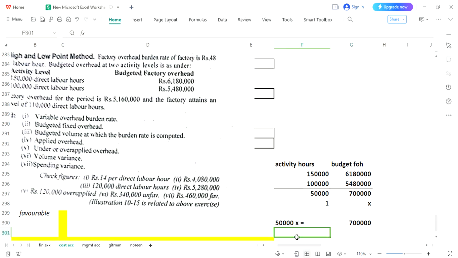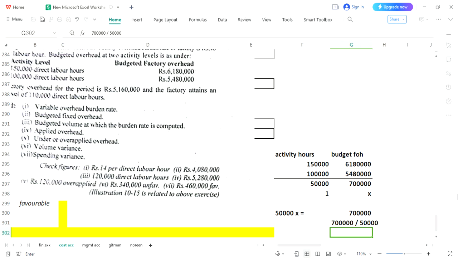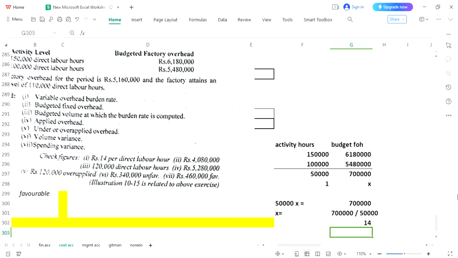Next step, x and 50,000 are multiplied. If you take this 50,000 to the right side, it would be divided. So here we have 7 lakh divided by 50,000, and what will be present over here is just x equal to. Finally you can calculate the cost: 7 lakh divided by 50,000. So here you have your cost.